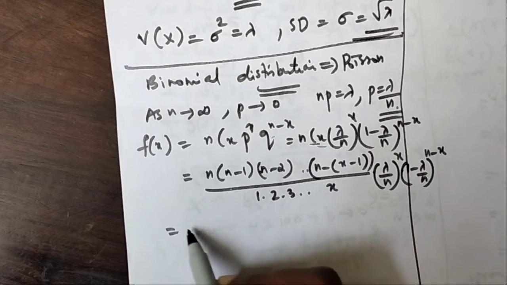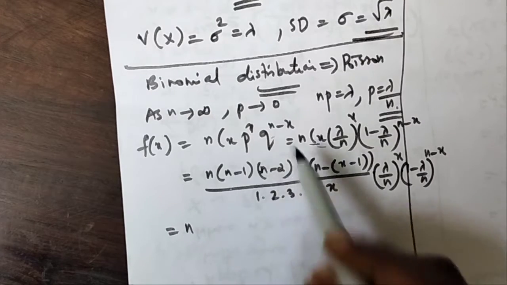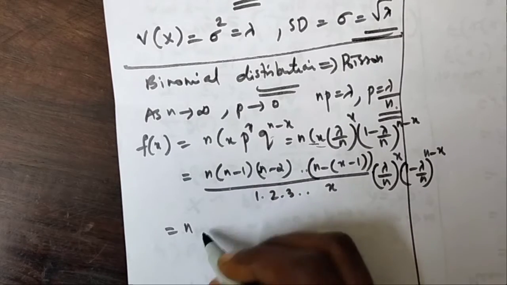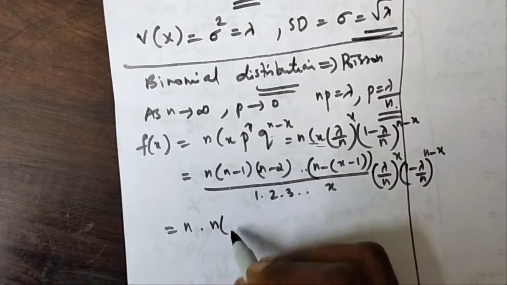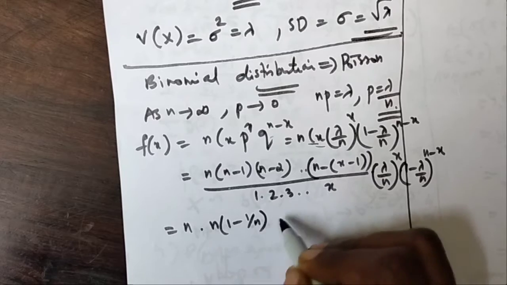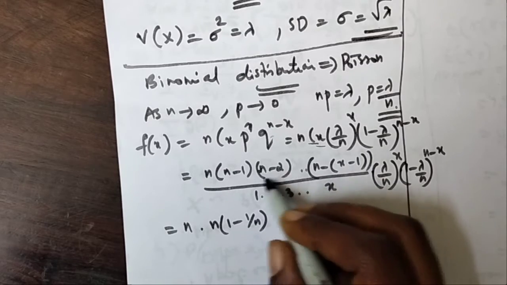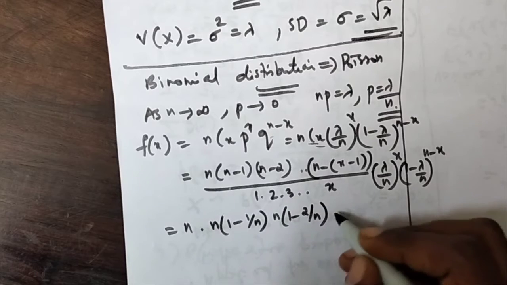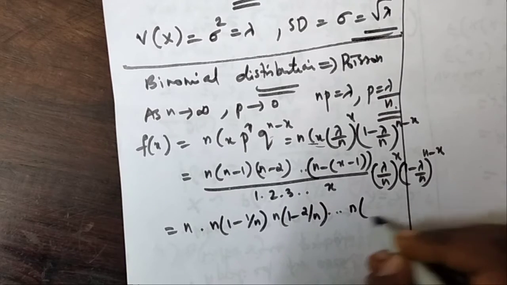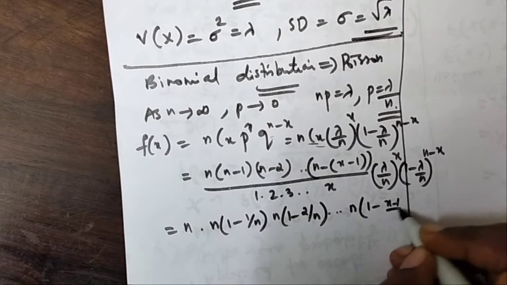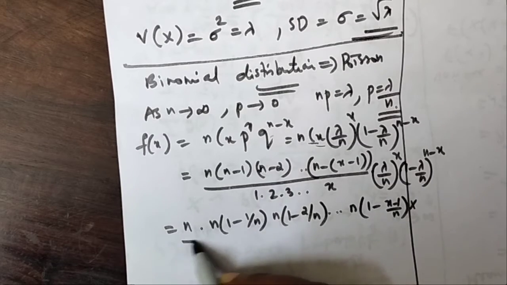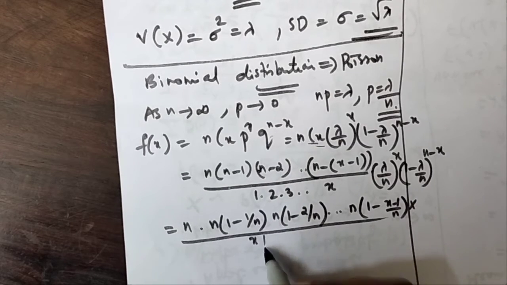Again, we have to approximate n to infinity. So for that we have to take n outside the bracket in each term: it is 1 into n into (1 minus 1 by n), here also we can take n outside, and so on, the last term being n into (1 minus (x minus 1) by n), divided by x factorial.